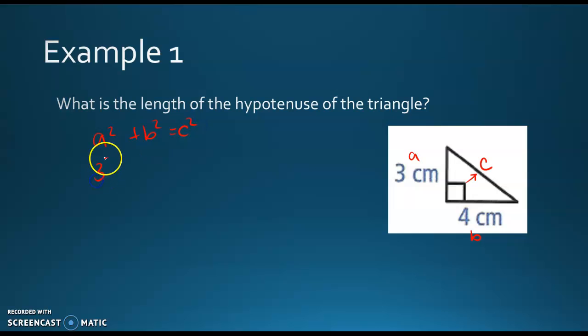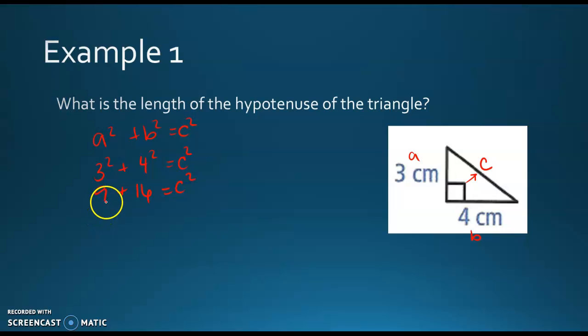So I'm going to do 3 squared plus 4 squared equals c squared. And then 3 squared, 3 times 3 is 9. And 4 squared, 4 times 4 is 16. Or you use a calculator and you type with the little square, not times 2, right? But there's that little x squared button that you can use.